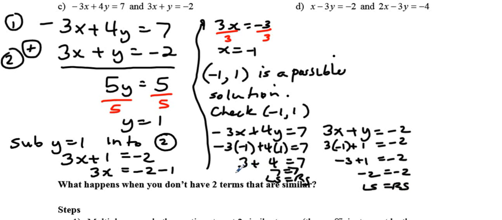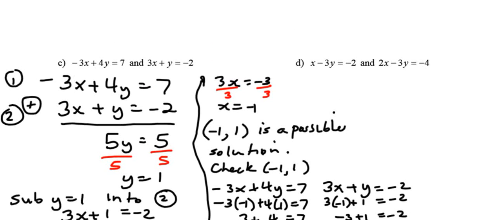All right. So I want you to now set this one up. Well, maybe I'll set it up for you, but before we do that, I'm just going to go over a basic rule here that you may have already noticed. And that is, if the signs are different, you add. If the signs are the same, you subtract in order to eliminate. So I'm just going to write that up here.